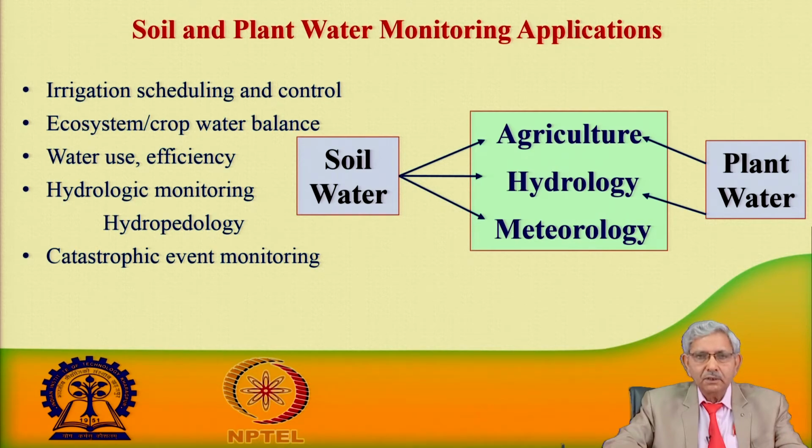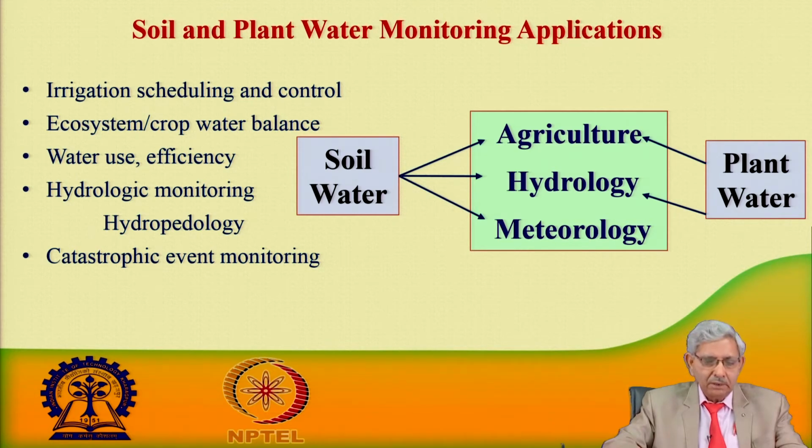All three areas need soil water information, soil water data. Plant water monitoring is relevant for agricultural water management, and for hydrology, hydrologic modeling or the evaluation of several hydrologic parameters.